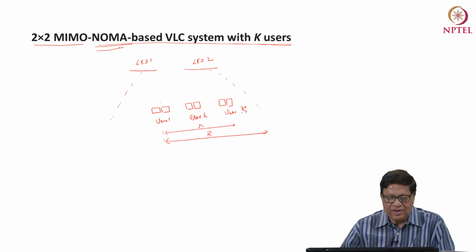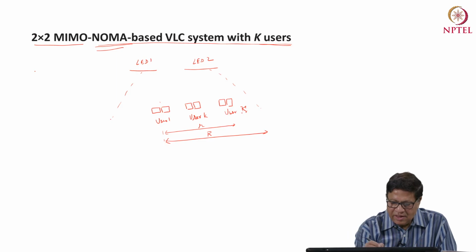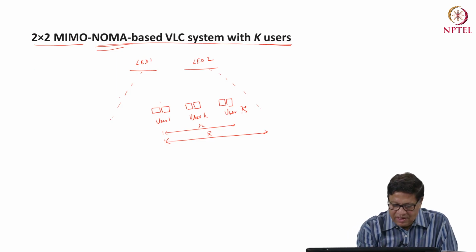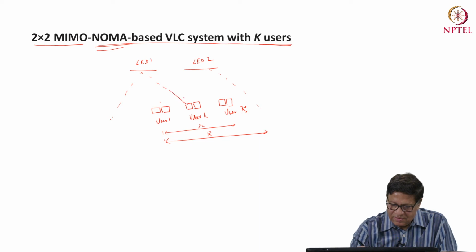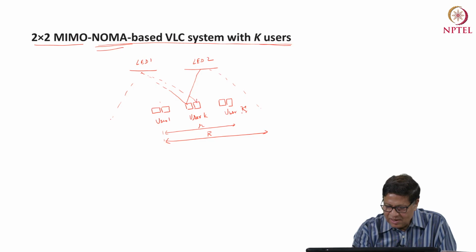Let us try to analyze this. And the signal from the LED, this is actually the area. So the signal which is falling onto, for example, user K will be to the other receiver, and similarly from LED 2, which I am denoting by a hard line.